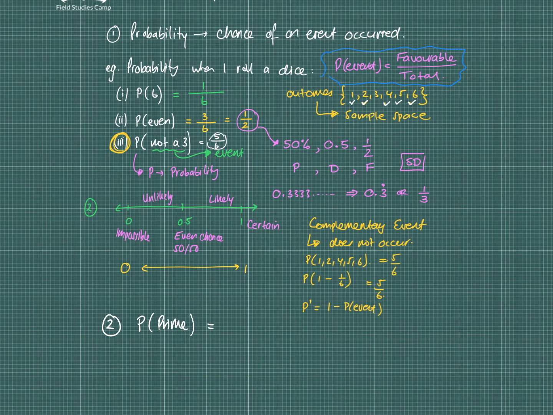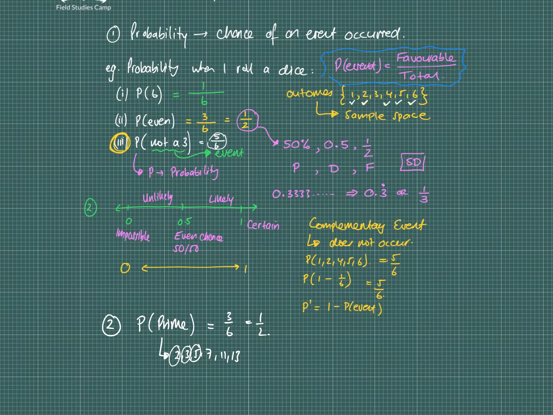The sample space of a prime number will be numbers like 2, 3, 5, 7, not 9 of course, but 11 and 13. They're numbers that only have 2 factors, 1 and itself. Remember, 1 is not a prime number. So if I looked at a dice, we've got a 2, a 3, and a 5, therefore it's 3 in 6, which is 1 in 2 chances.